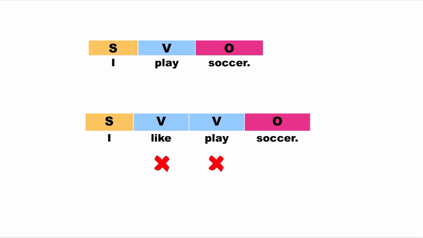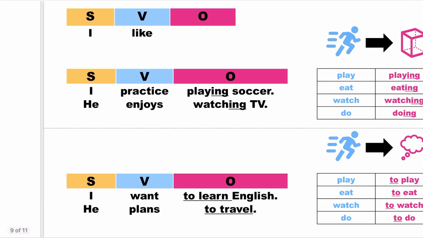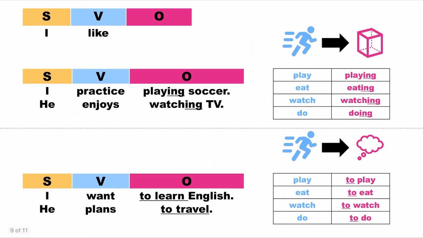So in English, we have to change this verb play to a noun. I like, we need to change it. So in English, verbs can change to nouns in two ways.